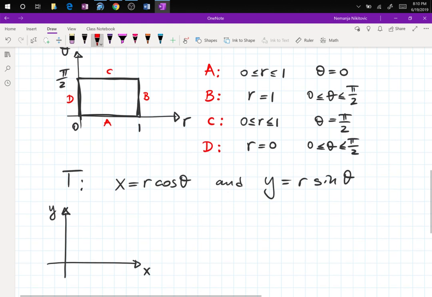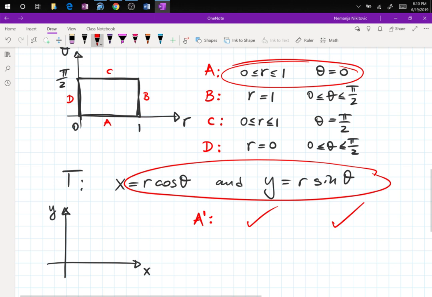We can call this now A prime, which is the image of A. So what do I get? Well, I have to get 2 different equations, one for x and one for y, using this as input in these equations. Great.